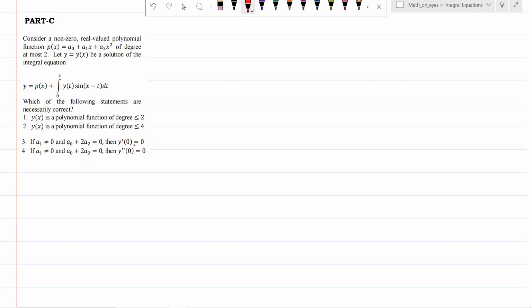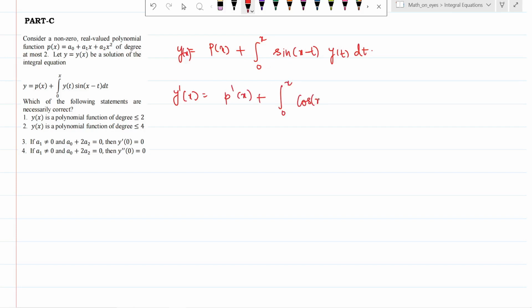We solve the problem by Leibniz rule. y is equal to p of x plus integral 0 to x sine of x minus t into y of t dt. So y dash of x is equal to p dash of x plus, taking the Leibniz rule integration, integral 0 to x, differentiation of sine is cos of x minus t into y of t dt.